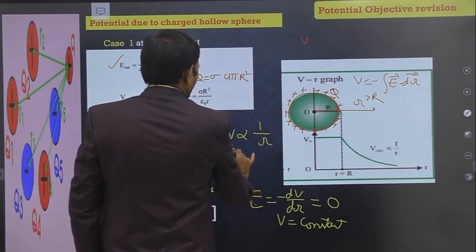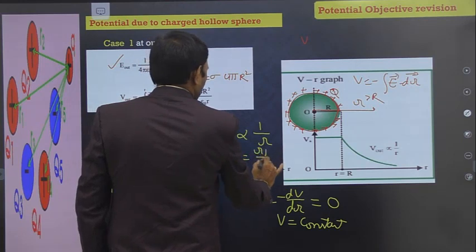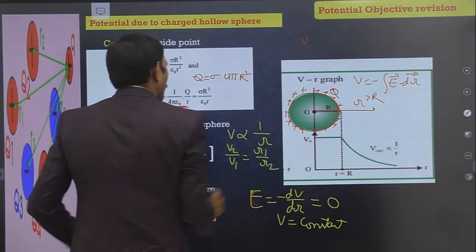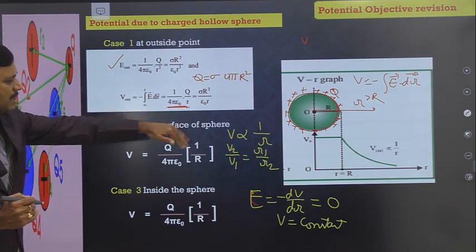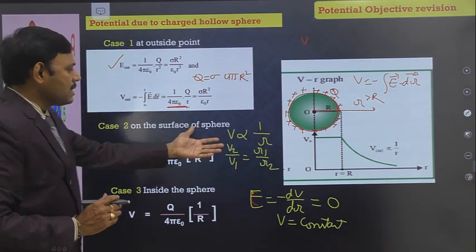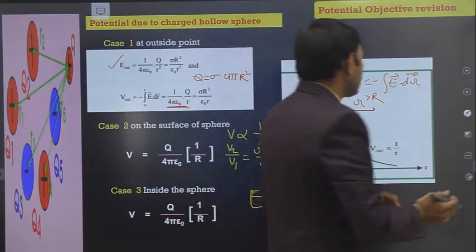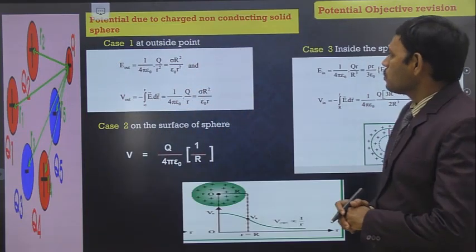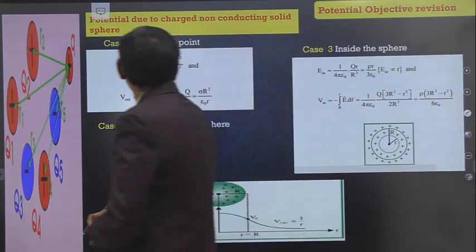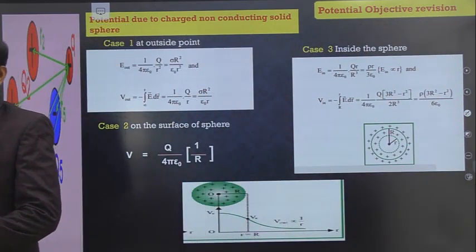So, V2 divided by V1 is equal to R1 divided by R2, a very useful formula, which is obtained from the first expression for an outside point, and it is very useful to solve the recently given problems. Next comes potential due to charged non-conducting solid sphere.